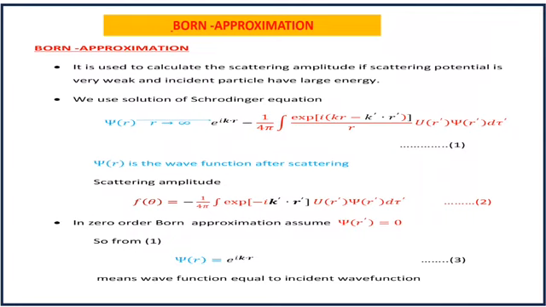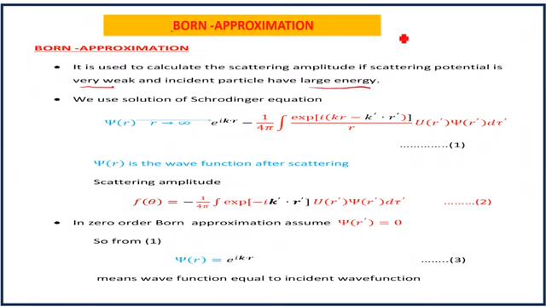But Born approximation is used to calculate the scattering amplitude if the scattering potential is very weak. If the target potential is very weak and the incident particle has large energy.